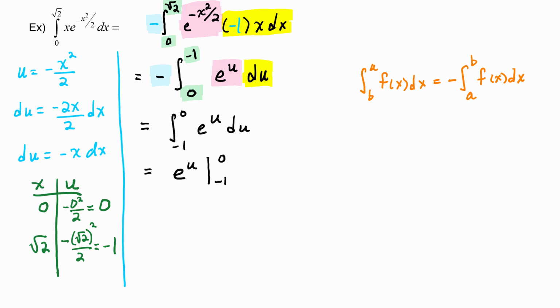We are going to plug in these values in the u variable. So this is equal to e to the 0 minus e to the -1, which is 1 minus 1 over e, which if I get a common denominator is equal to e minus 1 over e.